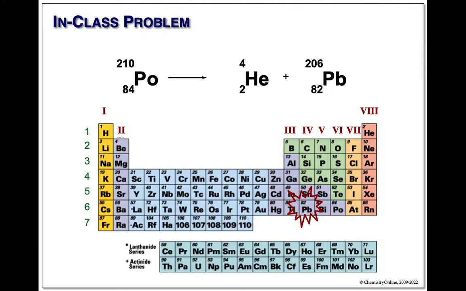Now, different alpha particles have different energies. This one is particularly energetic. That's why this is so terribly toxic. You might wonder exactly where this toxicity comes from, because alpha particles are so big and ugly and slow.